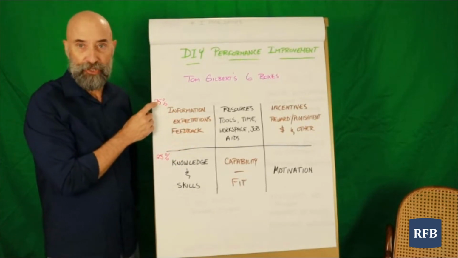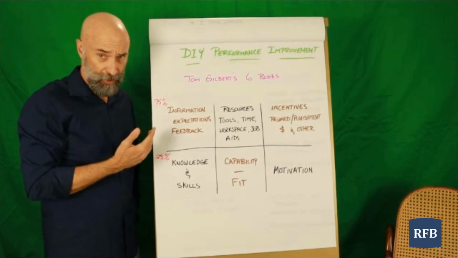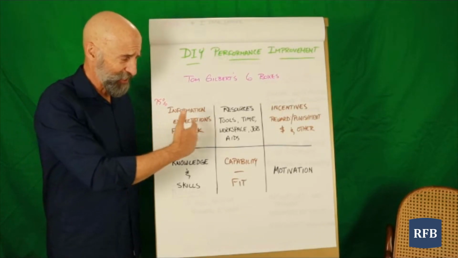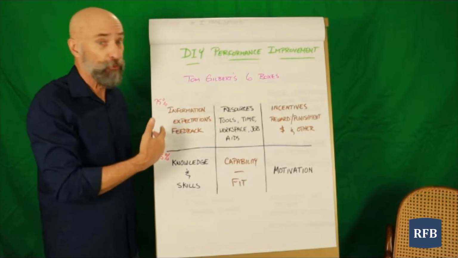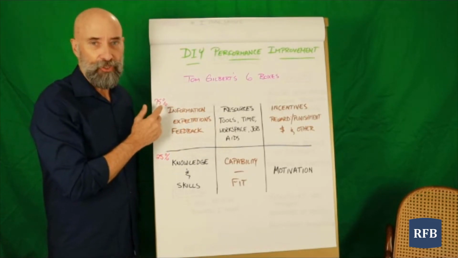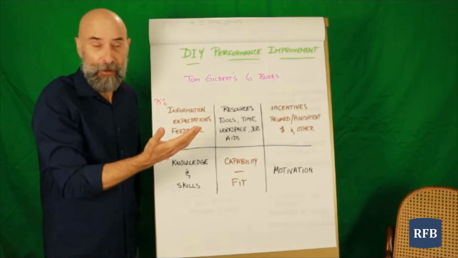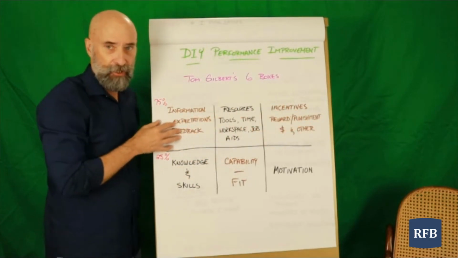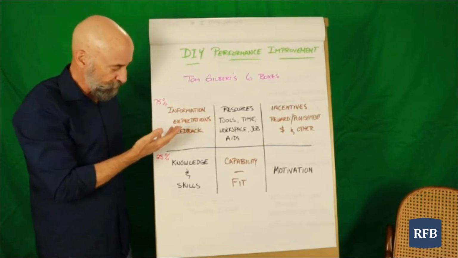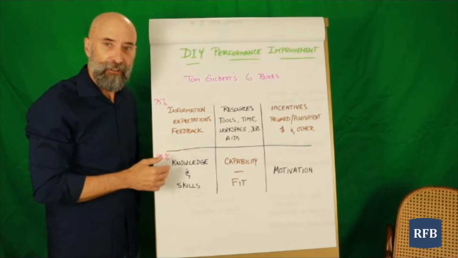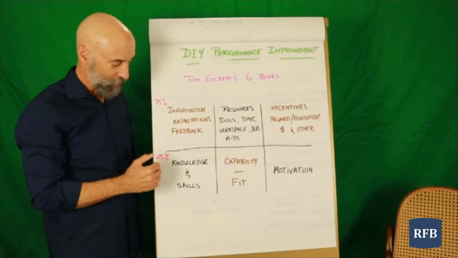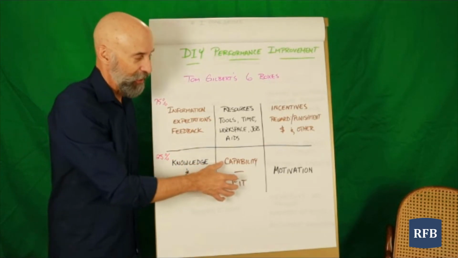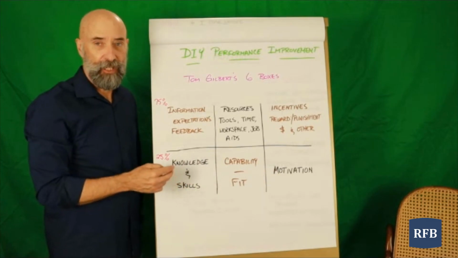The research that's been done on this over the years, this is about a 60-year-old model, and it's been used by many people and researched. Most performance gaps come from a gap somewhere up in here, roughly 75%. Only 25% comes down to what the individual brings to the game. That is, they don't know enough, they can't do it, they're not motivated enough.